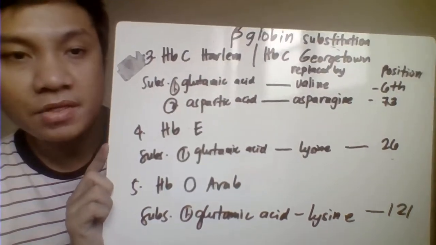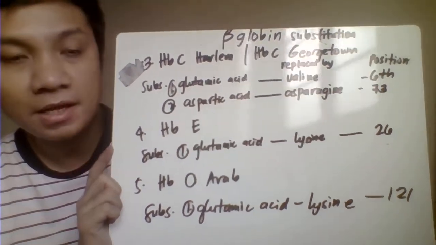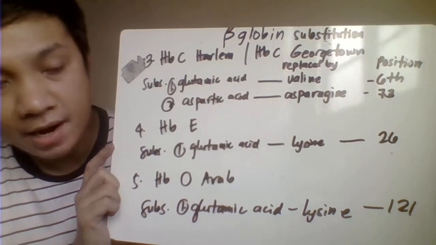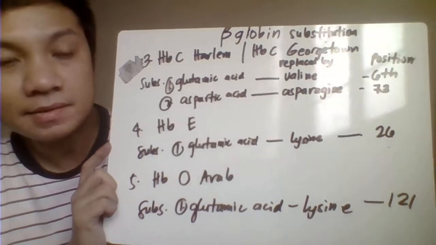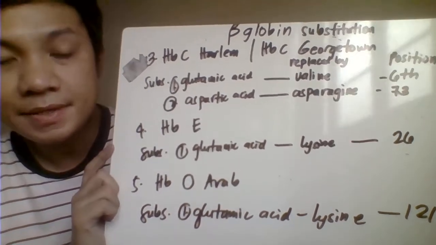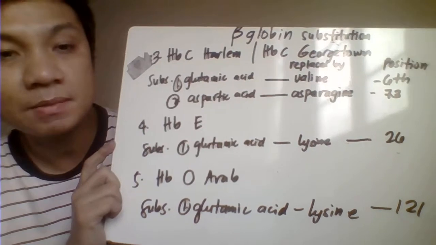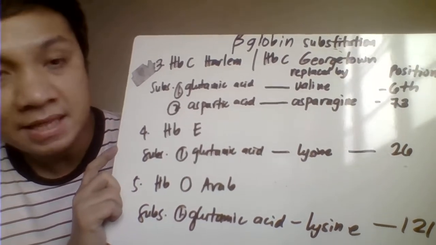Okay, then we have your other hemoglobinopathies which involve substitution in your beta globin chain. We have your hemoglobin C Harlem and Georgetown, characterized by a double substitution. The first substitution, for example in your hemoglobin S, is where glutamic acid is replaced at position number 6 with valine.